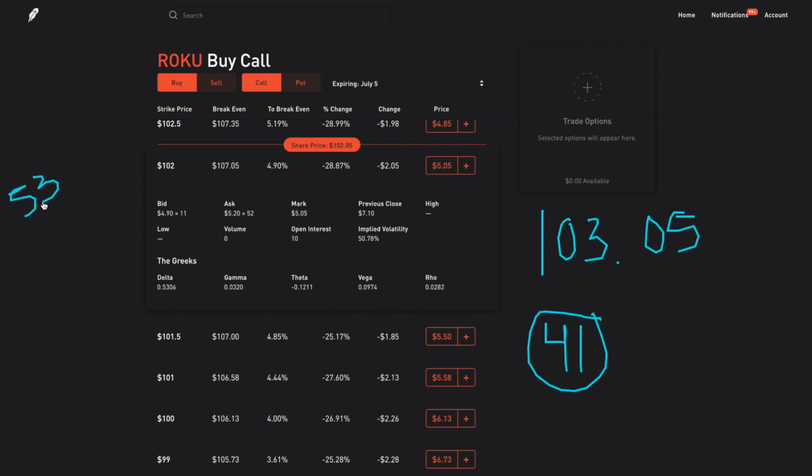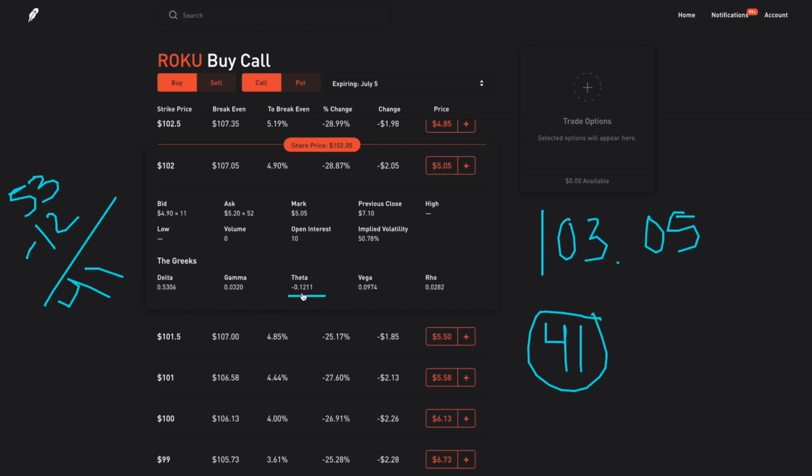But because I held overnight, I had to multiply theta by 100 as well, which gives me negative $12, which equals $41. So if the stock had moved up to 103.05 the next day, I've already lost $12 through theta. Therefore, I only net a profit of $41.